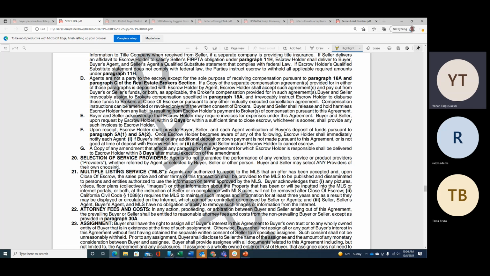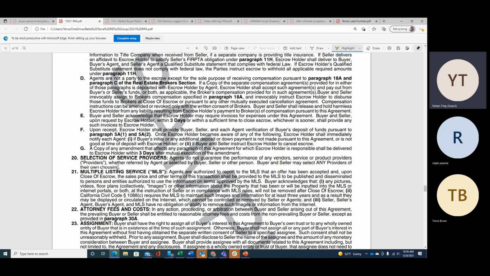Buyer acknowledges that any pictures, videos, floor plans, collectively images, or other information about the property that has been or will be inputted into the MLS or internet portal, or both at the instruction of sellers or in compliance with MLS rules, will not be removed after close of escrow.